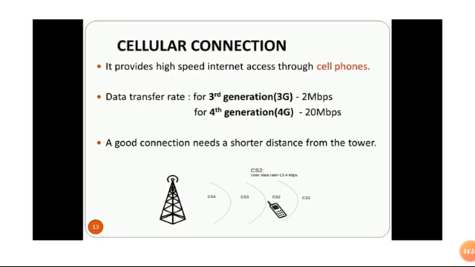For data transfer rate, we have 3G, 4G, 5G is going to come. It provides a high speed wireless access to the internet, and a good connection needs less distance from the tower.